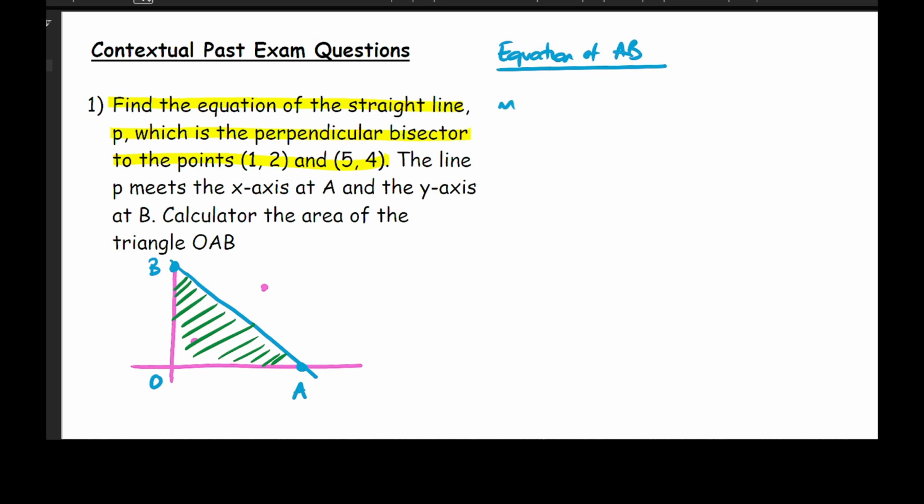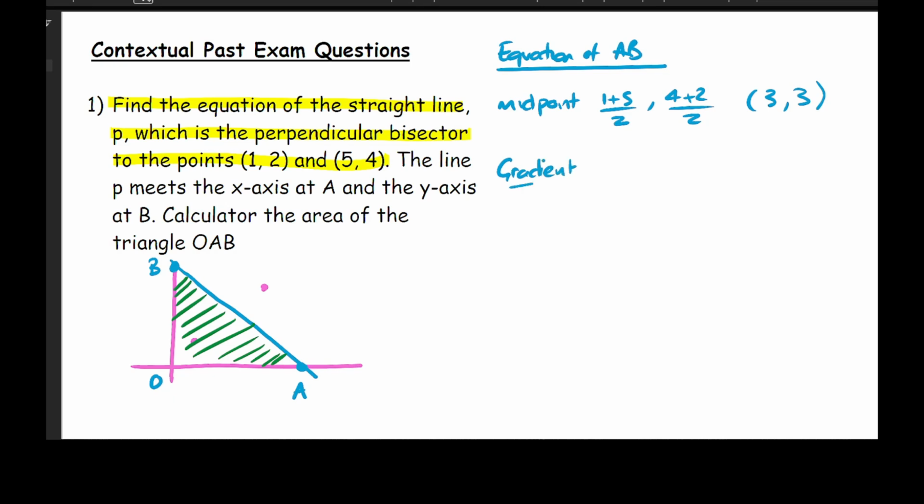So the first thing we do is find the midpoint, which is going to be (1 plus 5) over 2 and (4 plus 2) over 2, which gives me a coordinate of 3, 3. And then I need to find the gradient of those 2 points.